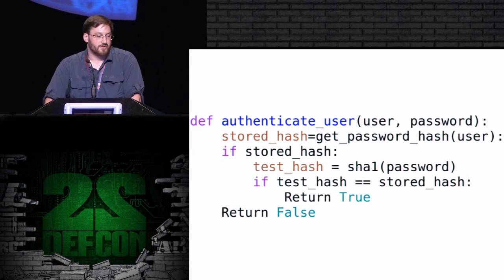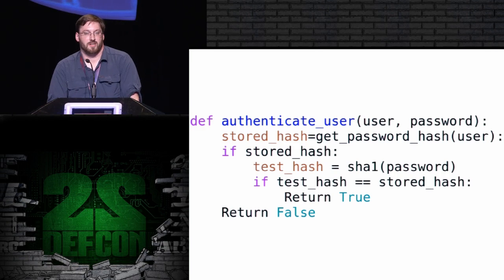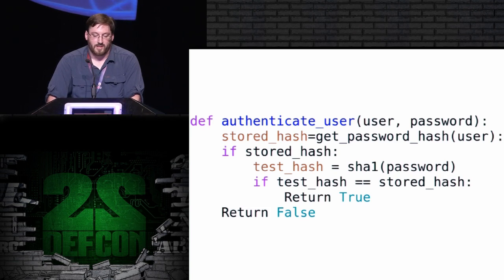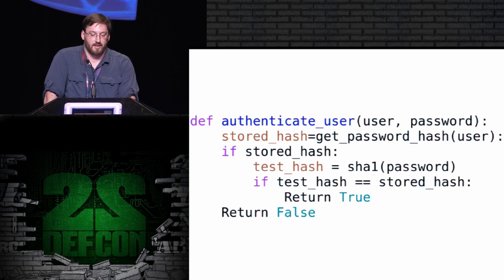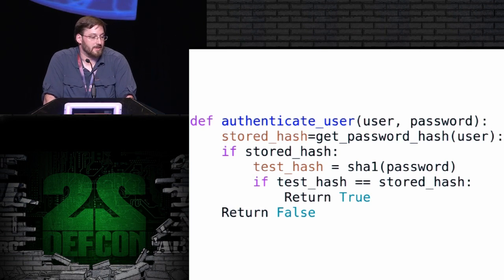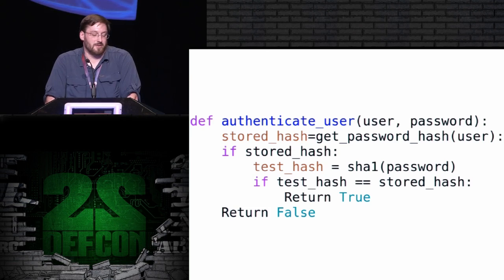You start with getting a username and password from your attacker. You look up the hash in the database. You compare the hash you got with the hash you have in the database, and then you return.